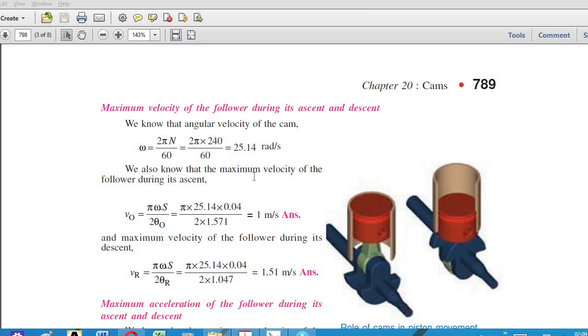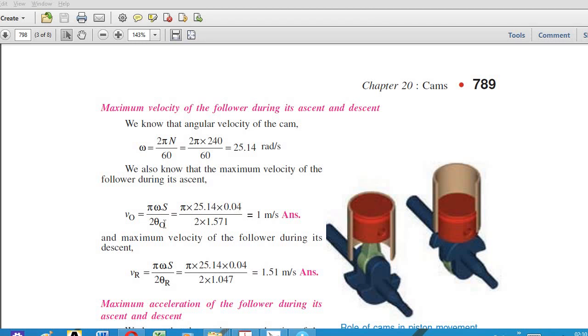Similarly, to calculate the maximum velocity, you should know the formula for velocity for simple harmonic motion. For simple harmonic motion, the velocity during ascent is given by pi omega s divided by 2 theta naught. So pi into omega, into s, the lift, that is 0.04 meter, divided by 2 into theta naught.